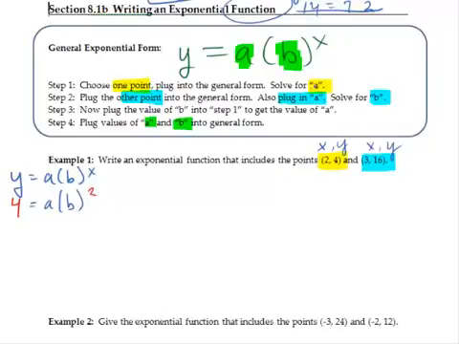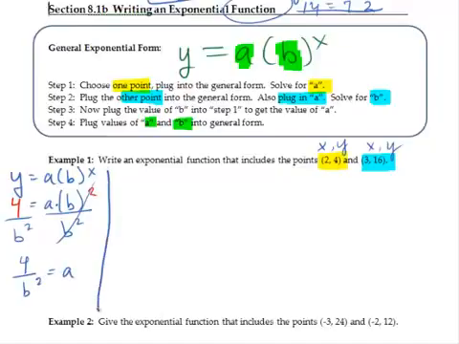Step 1 says that you solve for a. So a is connected to b by multiplication. So in order to undo multiplication, we're going to divide both sides by b squared. Cancel this, so 4 over b squared equals a. That is step 1.